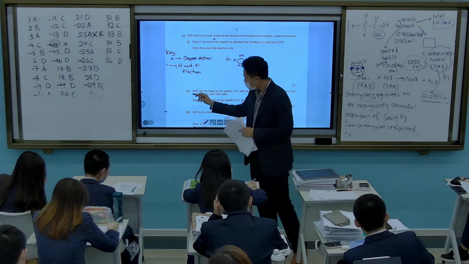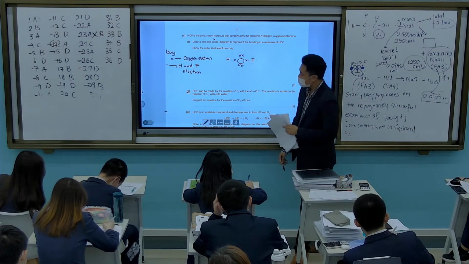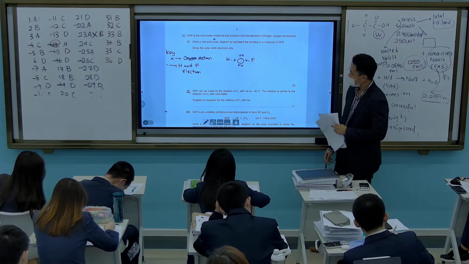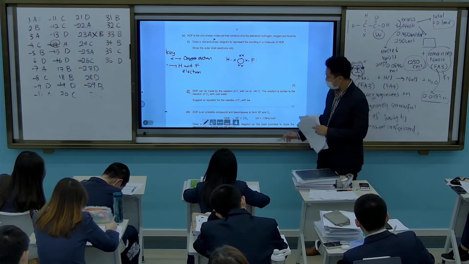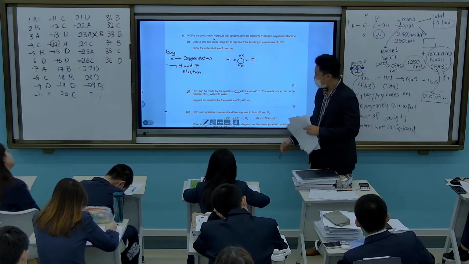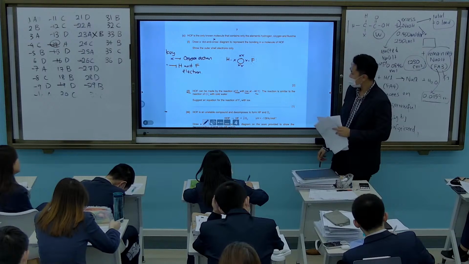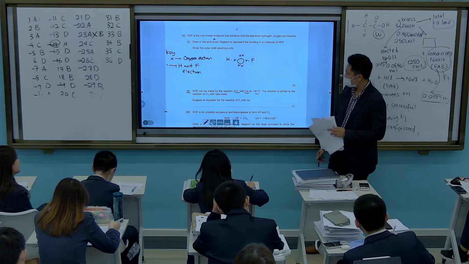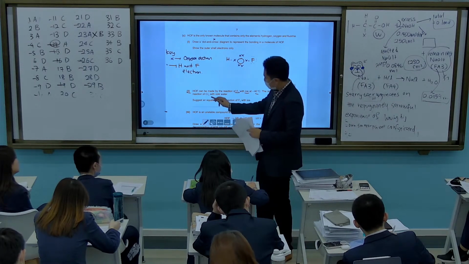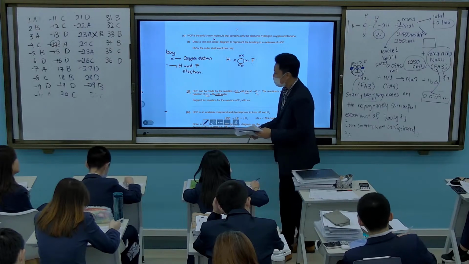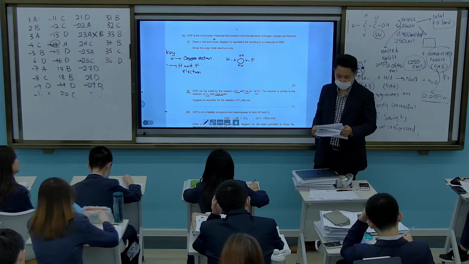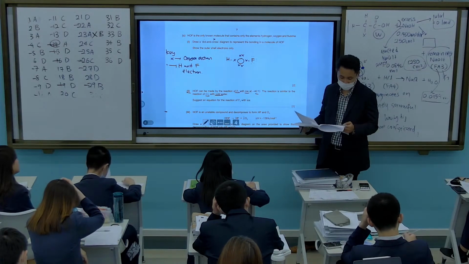All right. Now, let's look at part 2. HOF can be made by the reaction of F2 with ice at minus 40 degrees. So the reaction is similar to the reaction of Cl2 with cold water. Remember, Cl2 with cold water, what do you get?